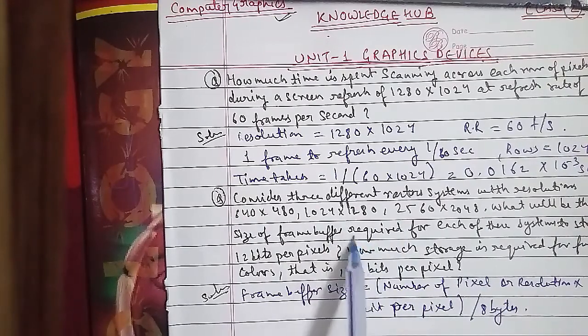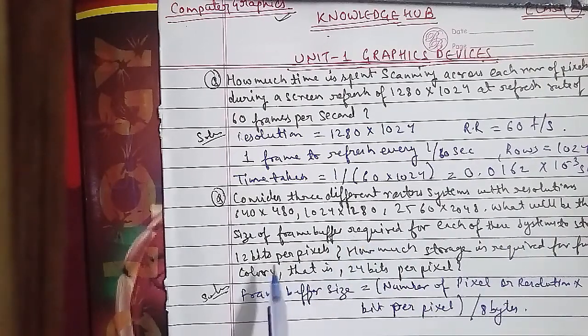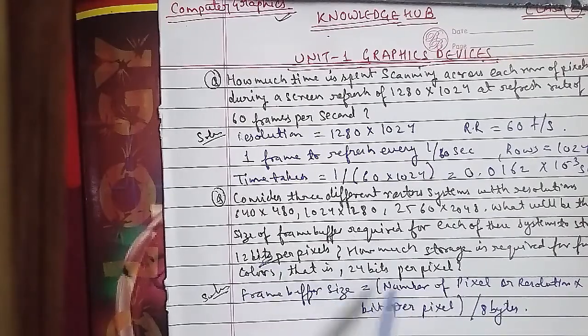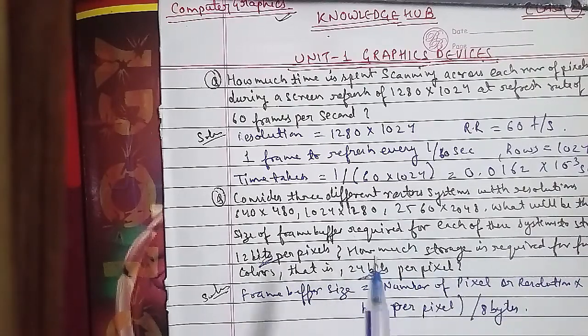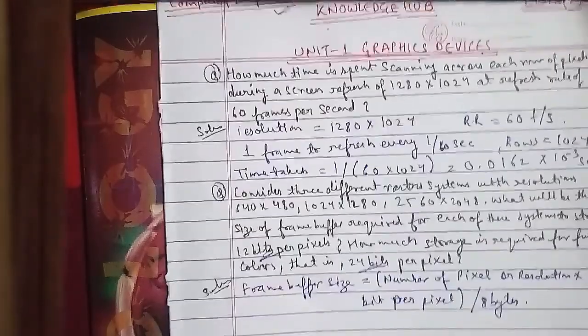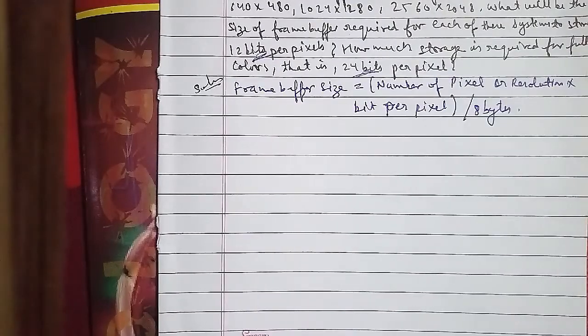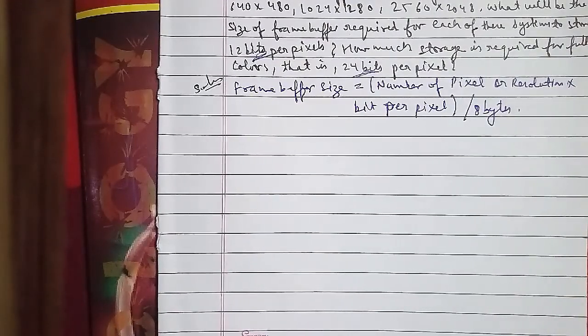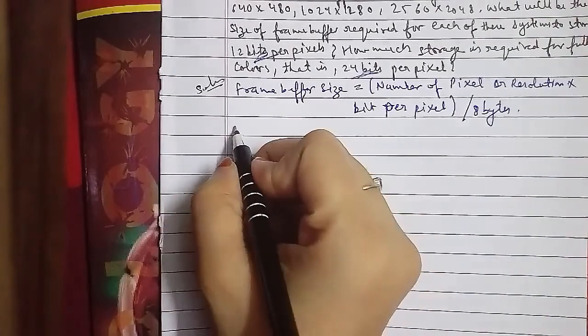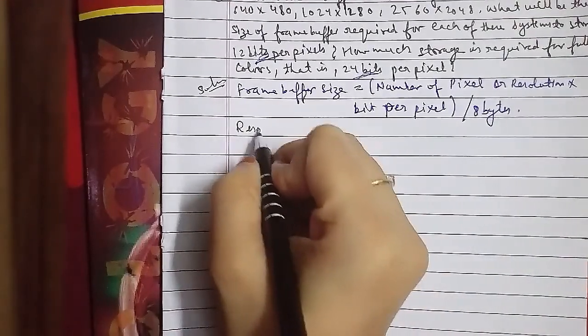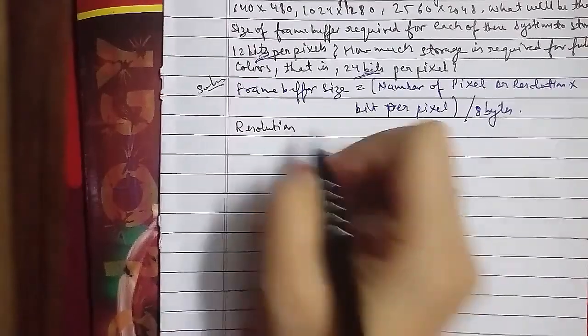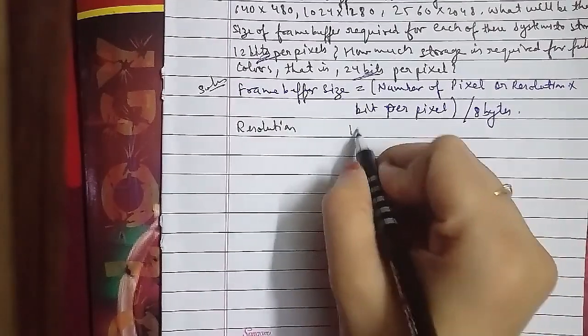Here we'll be making 3 columns. The first column is resolution, the second column is for 12 bits per pixel, and the third column for 24 bits per pixel. Here we'll find out each and everything that they had mentioned, and we have to solve it as well.